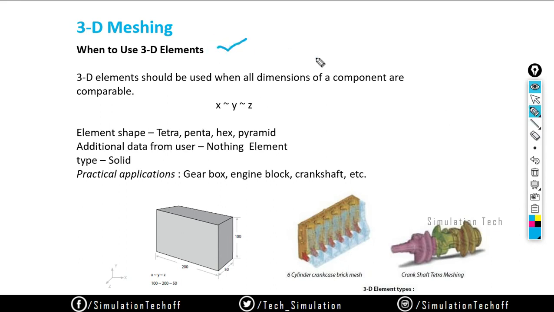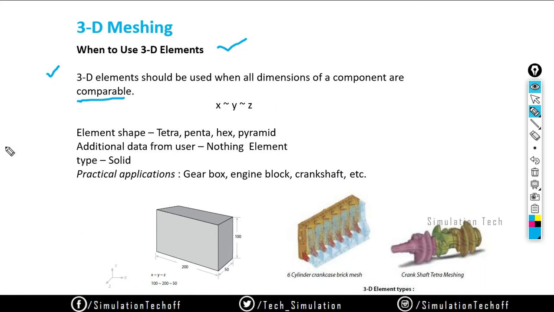So that is the first question, and you guys are well aware of this answer. How to choose 1D analysis, 2D analysis and 3D analysis. Basically we have to compare the dimensions. If all the dimensions are comparable with each other, like x-axis, y-axis, z-axis dimensions, we can directly go for 3D rather than go for 2D analysis or 1D analysis.